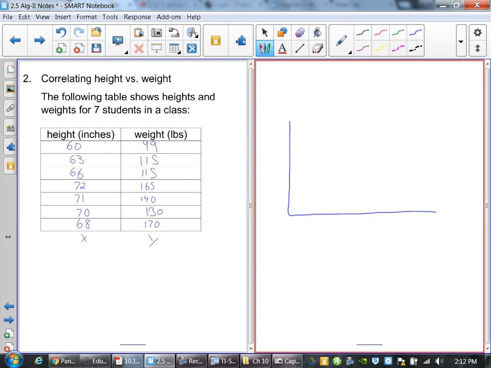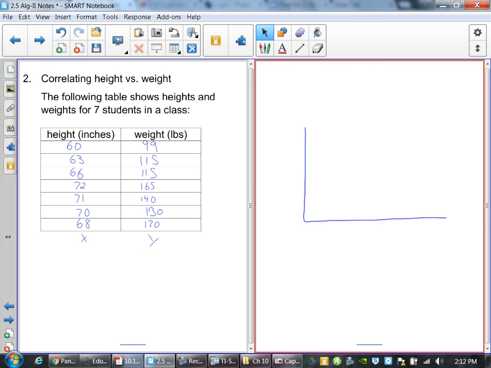Now, what we need to do here is come up with some sort of a scale. So we have the height and weight.